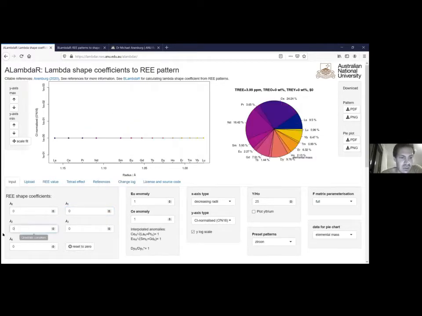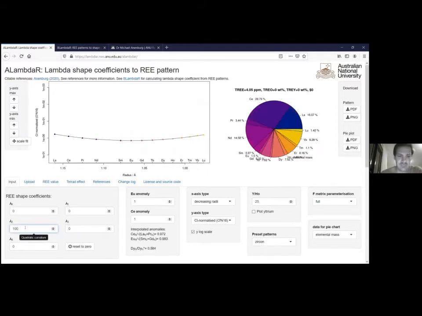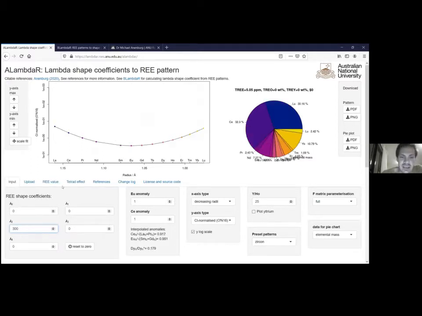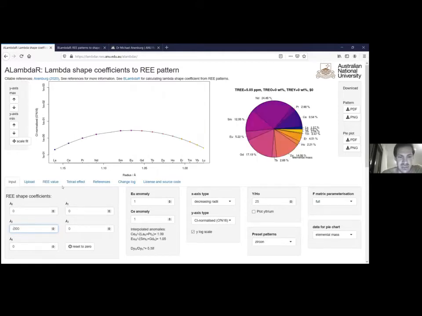Let's have a look at how a lambda 2 might look like. So, let's give it a bit more, maybe 300. So this is a quadratic curvature, and I can add a minus and it goes the other way.